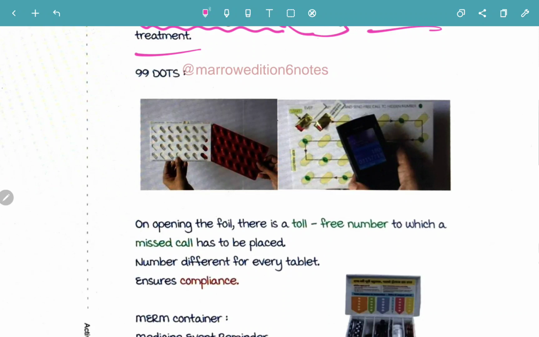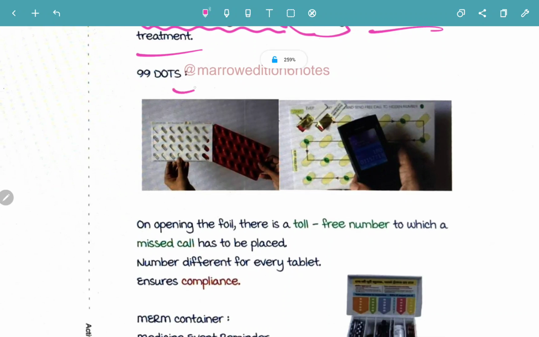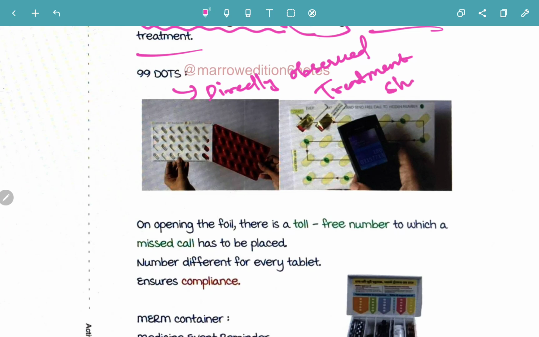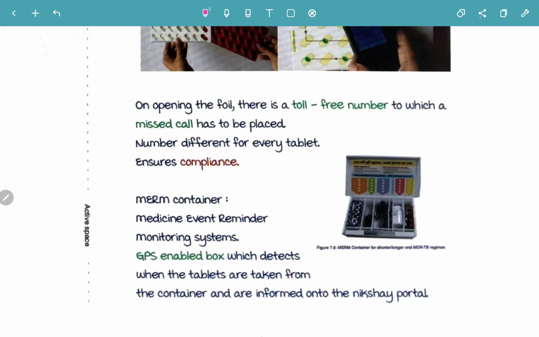Then we have something known as 99 DOTS. What is DOTS? DOTS means directly observed treatment short course. So what is 99 DOTS?